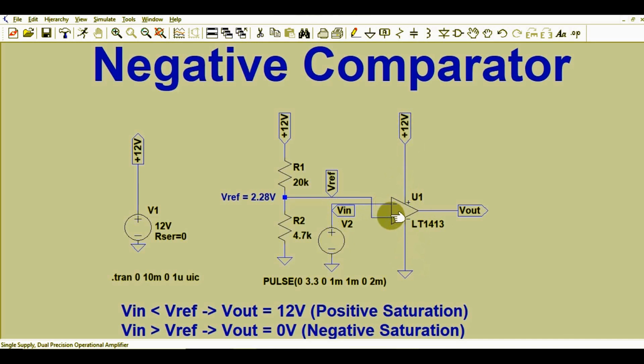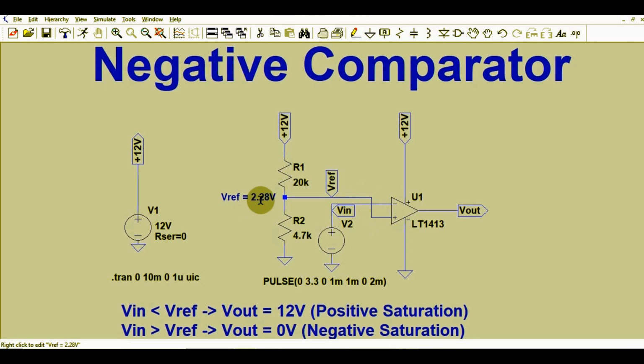And the reference signal is connected to the non-inverting terminal.